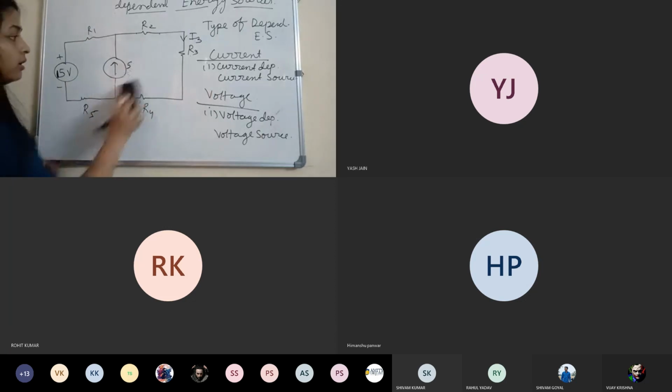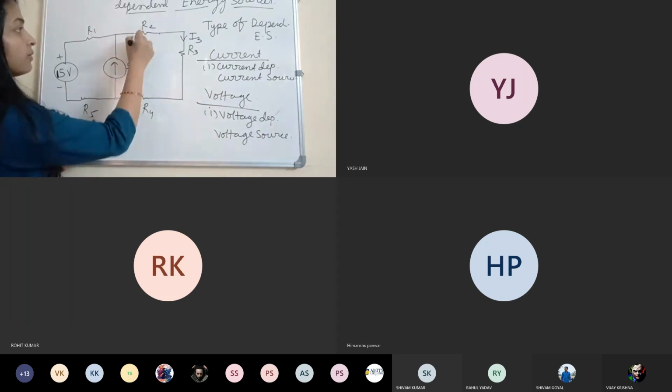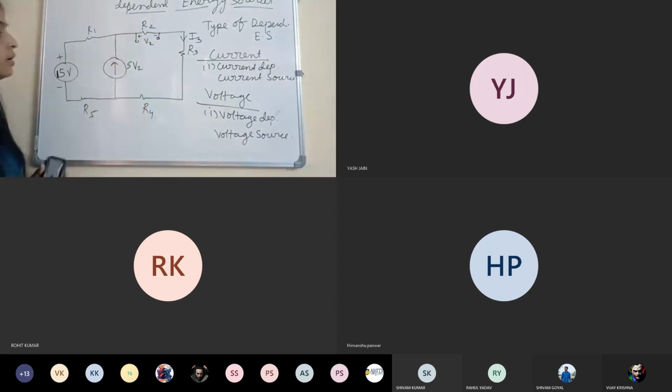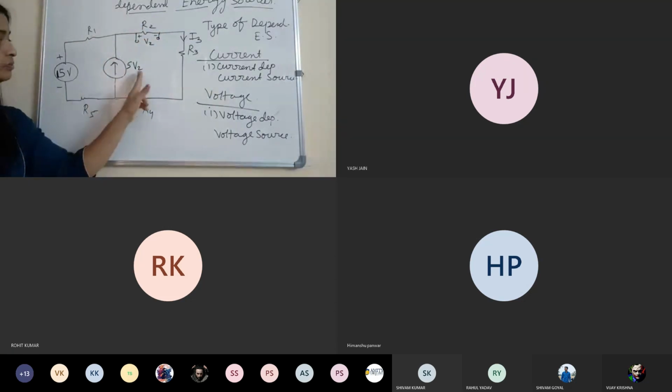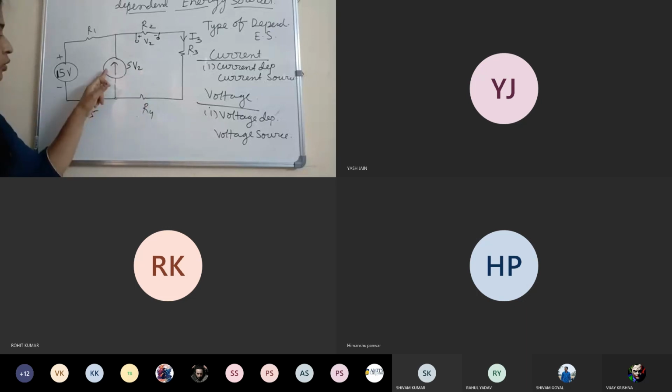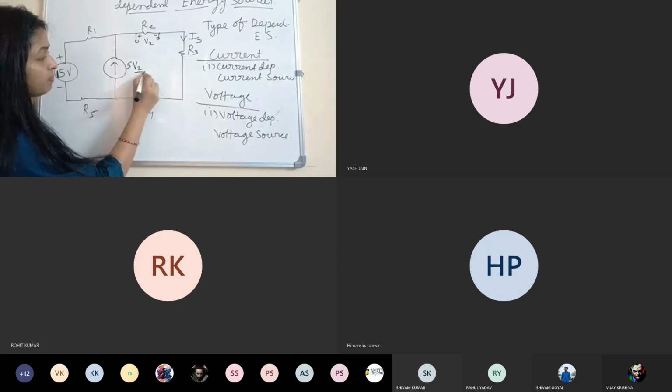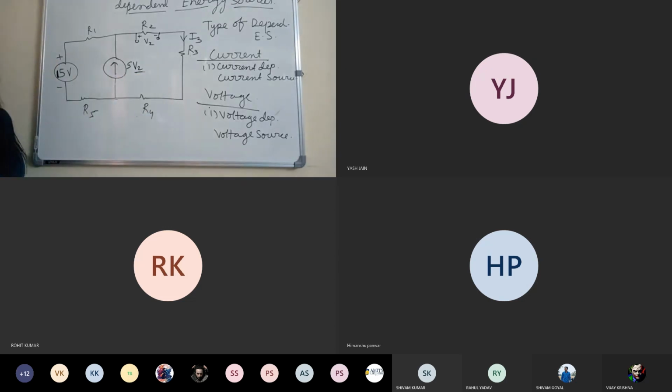How? See, this source is depending on V2, and which type of source? Current. So I can say this is a voltage dependent current source.